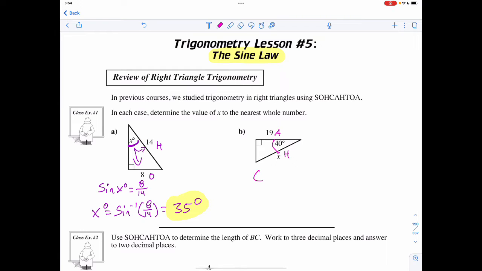So I know that cos of, in this case, 40 degrees is equal to my adjacent of 19 over my hypotenuse, which is represented by x, then I can rearrange my formula to say that x would be the same as 19 divided by cos of 40 degrees, which is going to be approximately 25.